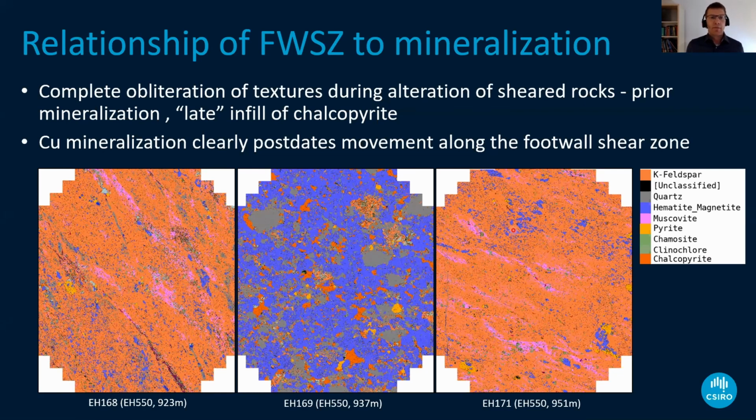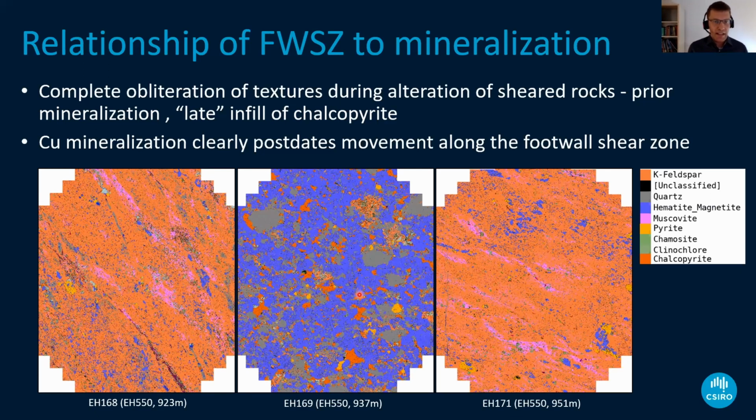show this sort of shearing texture, and actually the 5% copper breccia in the center doesn't show this. So there is no orientation or visual orientation of this shearing left anymore, and this is because the mineralization, the hydrolytic alteration, overprinted or postdated the shearing along this footwall shear zone.